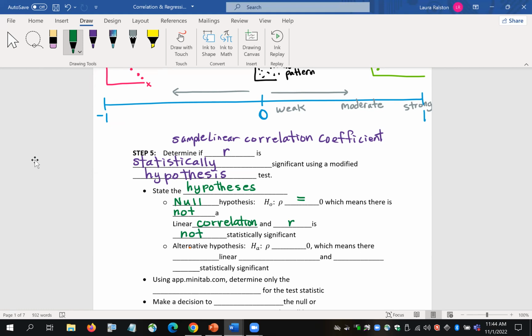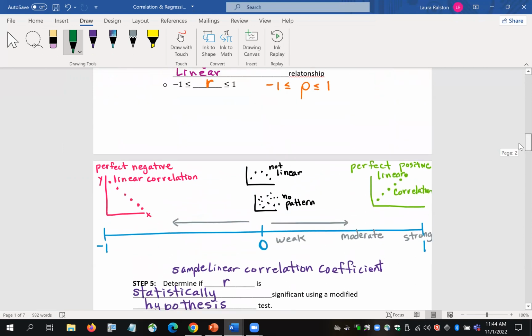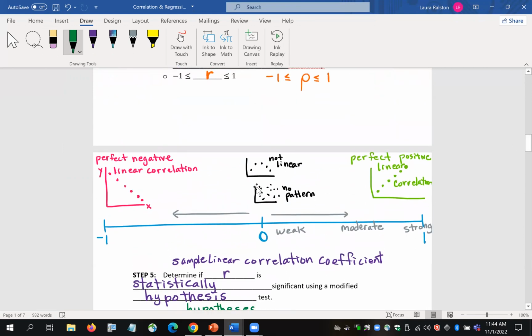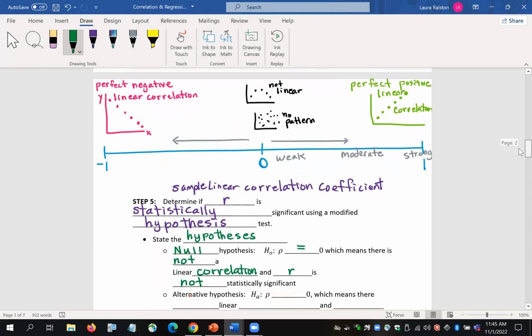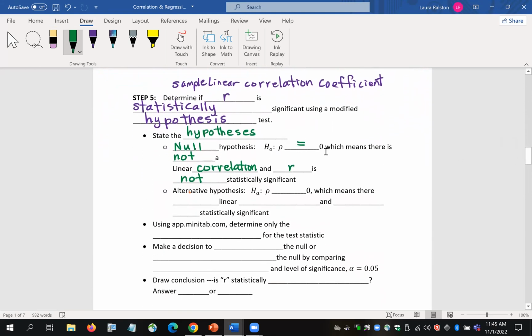Now, guys, notice that, because that seems backwards. A lot of students get that confused. But if we're close to 0, 0 means we either have no pattern within the data values or we have a pattern that is not linear. Okay, so it seems a little weird to say that.